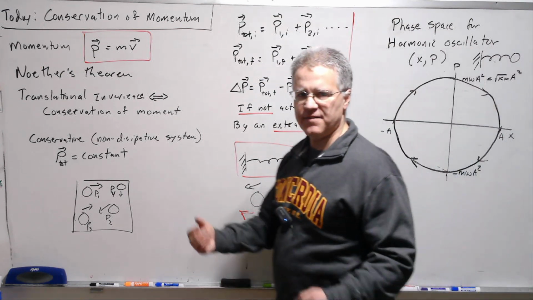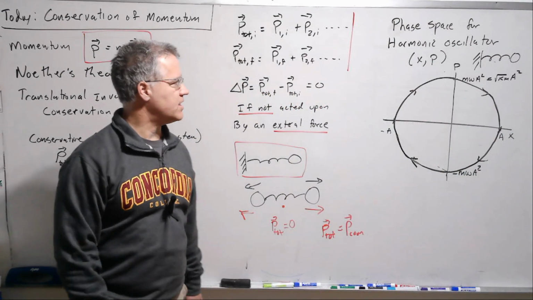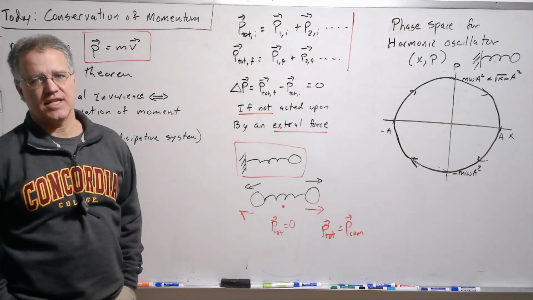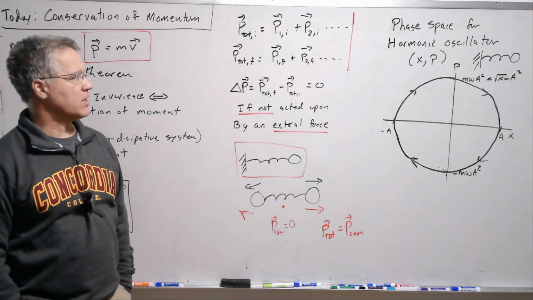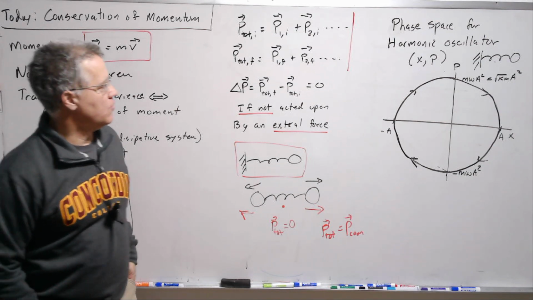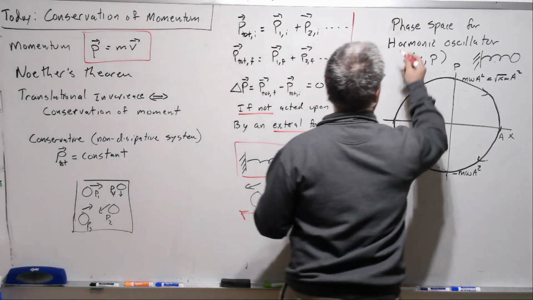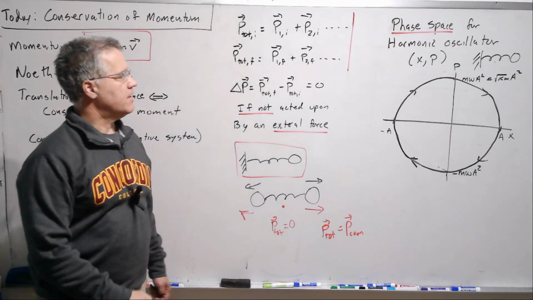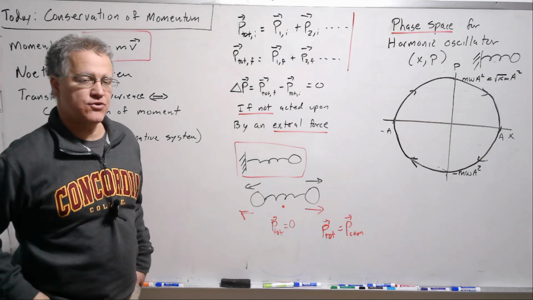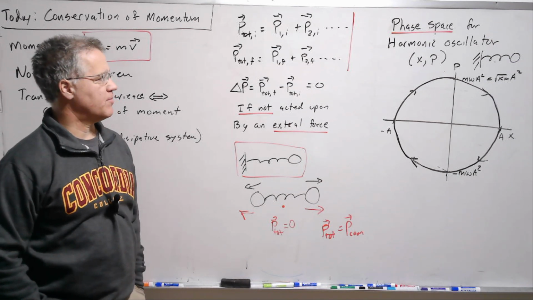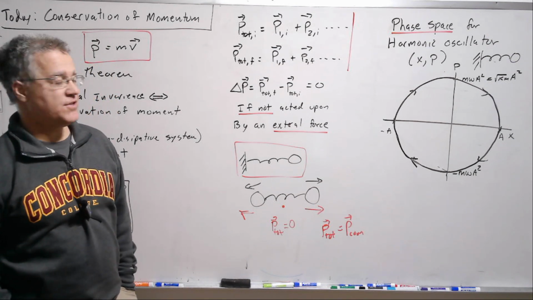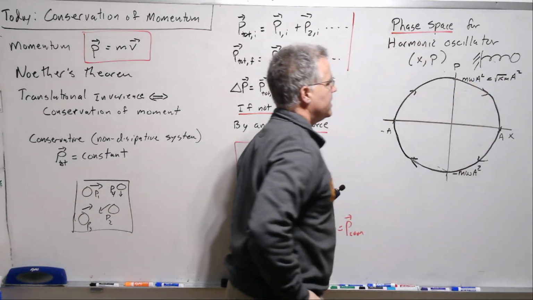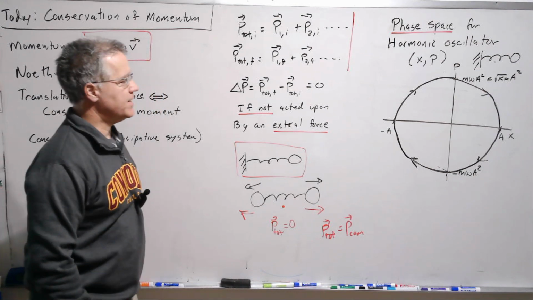And just to pick up a little something from the last lecture, now that we have momentum, we can easily translate that coordinate space to what is called phase space. As you think about those diagrams that you drew for the coordinate space for the harmonic oscillator, all we would have to do is multiply the velocity by mass, and we get momentum.